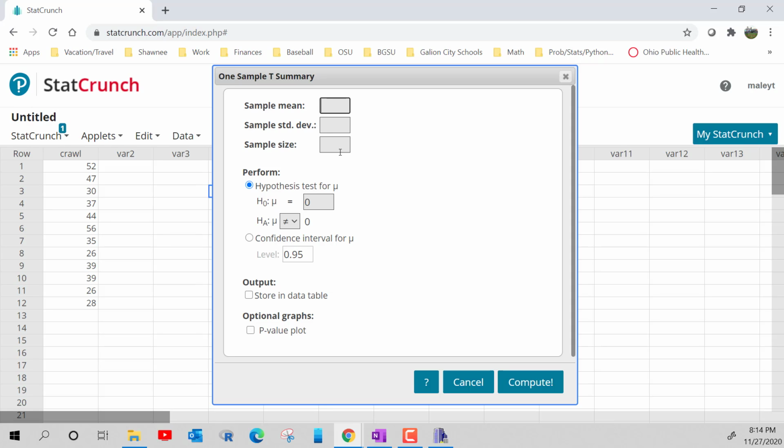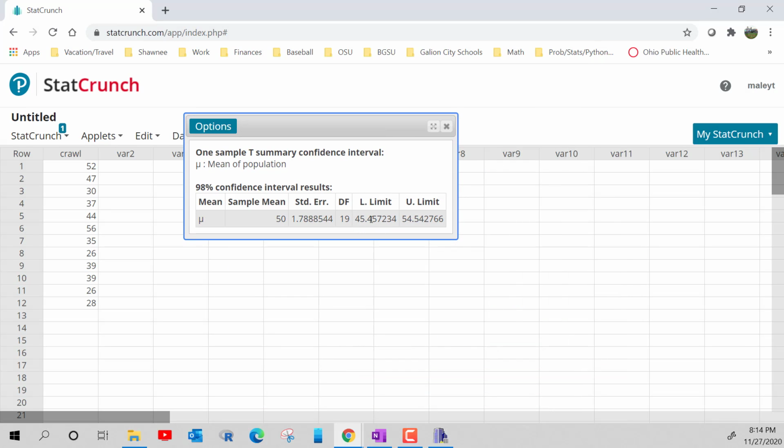And then I just need to fill in this information. The sample mean is 50. The standard deviation is 8. The sample size for part A is 20. We want to do a confidence interval, and we want a 98%. So I need to change this to 0.98. And then hit compute. And then we get the upper and lower limits here.